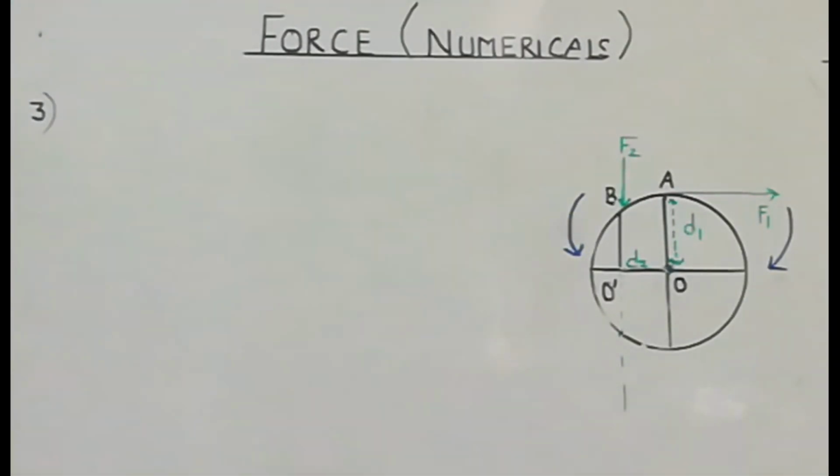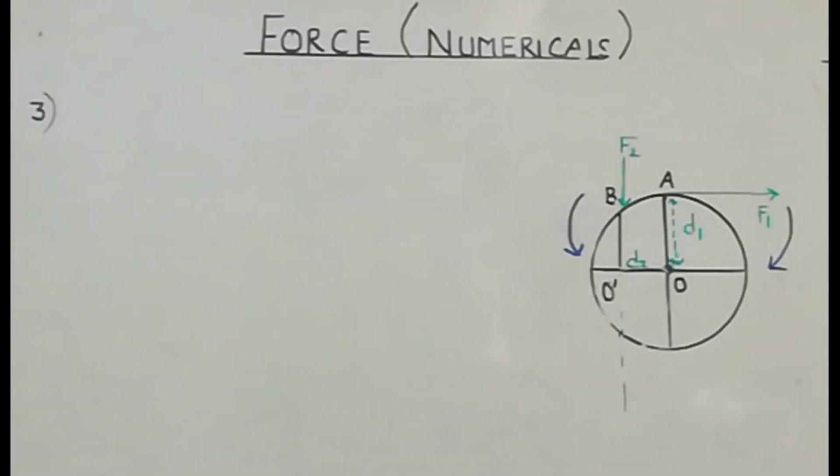So here in the diagram you can see F1 is acting at a distance D1, that is OA, and F2 is acting at a distance of OO dash, that is D2. Now which of the two distances is greater, whether AO is greater or OO dash?